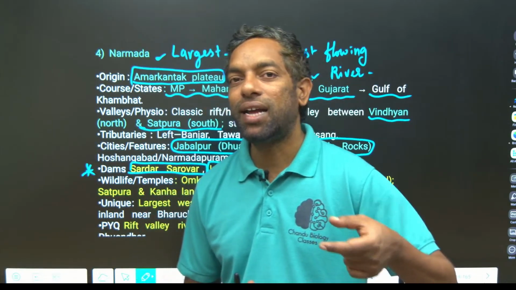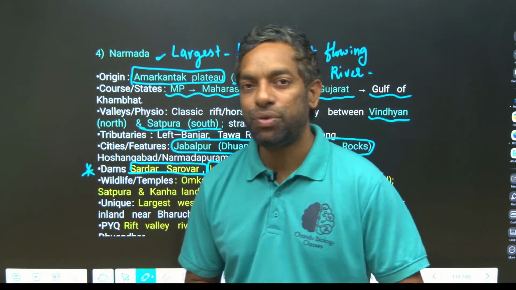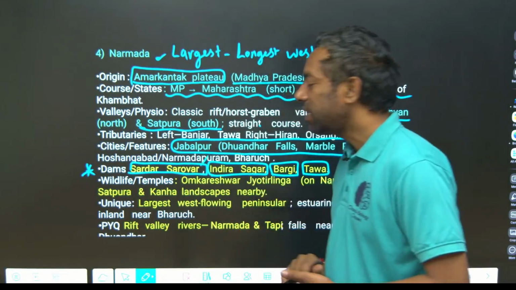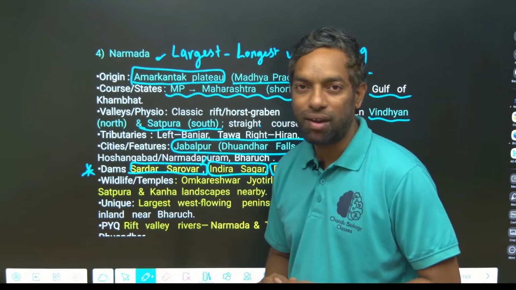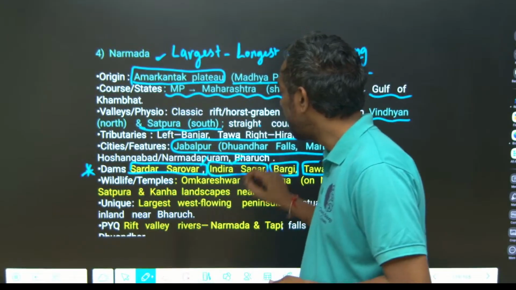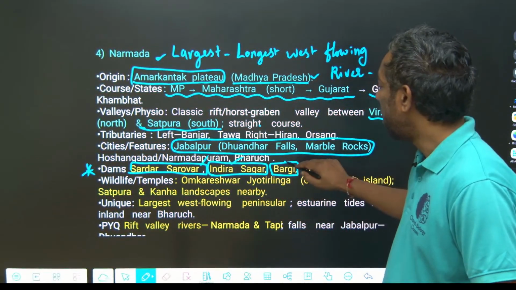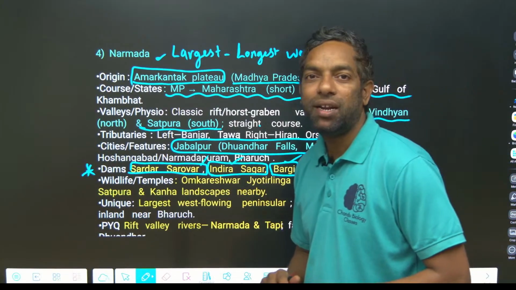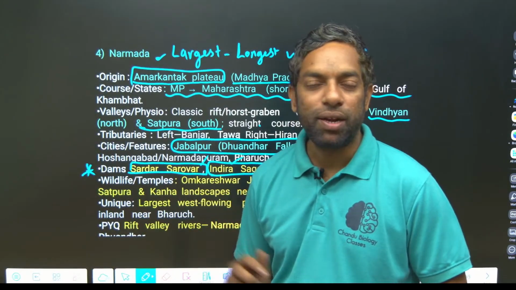Because of the long-running dispute and news about this dam, they have asked in many exams: the Sardar Sarovar Dam is constructed on which river? The Narmada river. Indira Sagar Dam is also on the Narmada, and Bargi and Tawa are also prominent constructions on the river Narmada.